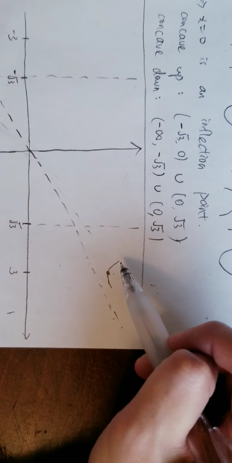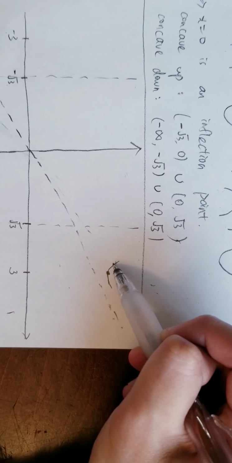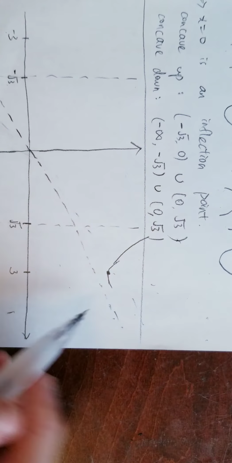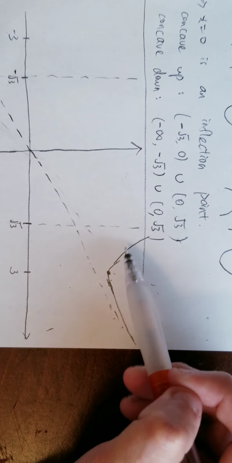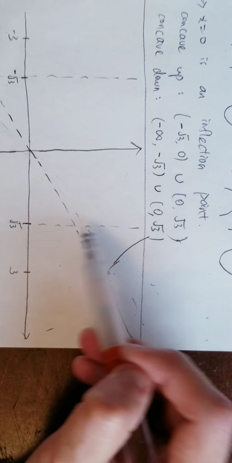Now do the same thing here. Sorry, this is decreasing, this is increasing. So it gets closer and closer to that slant asymptote, and on this side it gets closer and closer to this vertical asymptote.